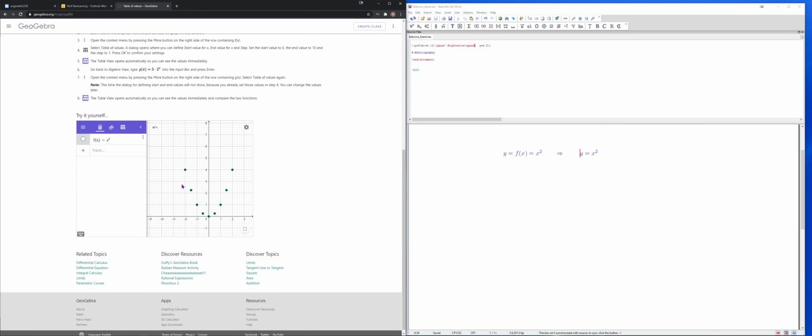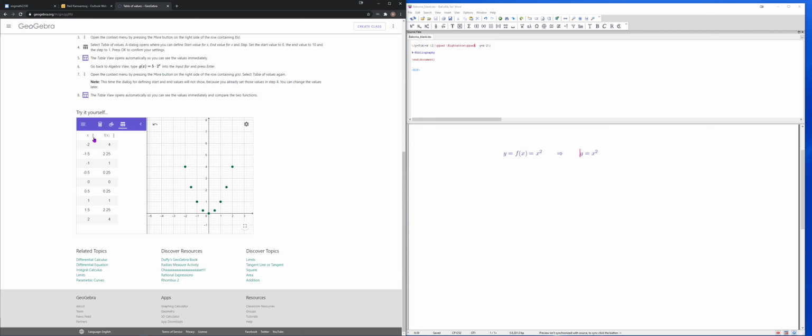Here's a somewhat better graphic where you are actually seeing just the points. I took off the curve, and just by plotting the points, you're getting an idea of the shape of the curve.